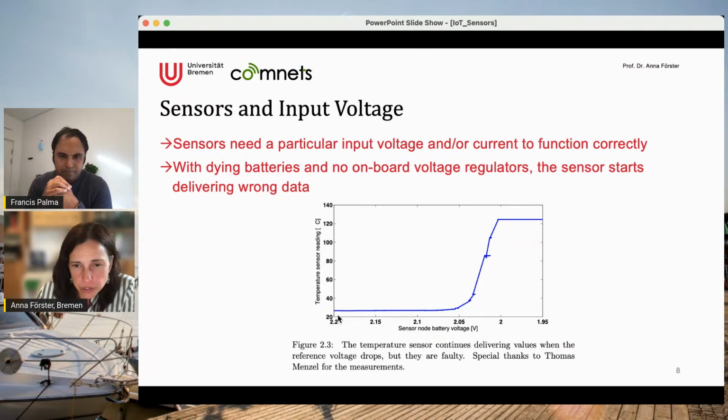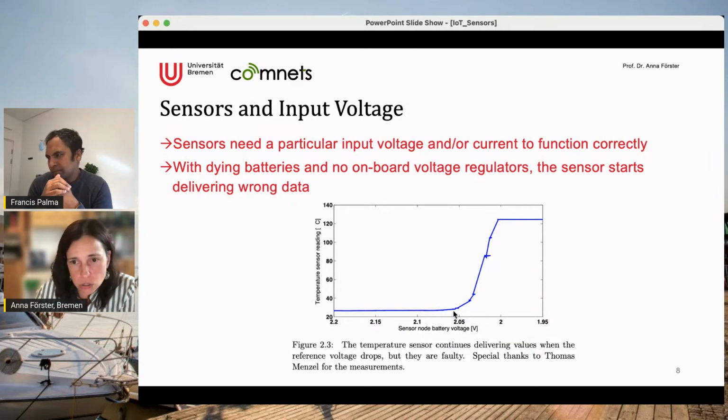And what do we see here? The nominal input voltage of the temperature sensor was 2.2, exactly here, the beginning of the x-axis. Those specifications are available in the specification sheet of the sensor. Now we started going down with the battery voltage. You see that the numbers here are going down. For some time, 2.15, 2.1 volt, 2.05 volt, the temperature sensor was giving correct results.